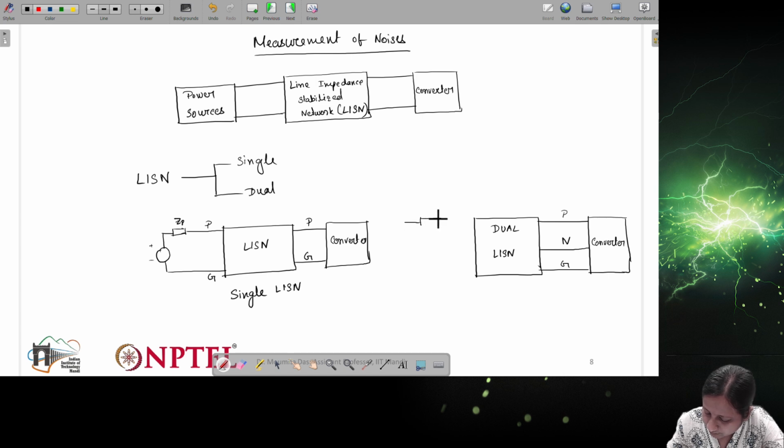Then this is ZP, this is, let's say, VP. VP is connected to ground.